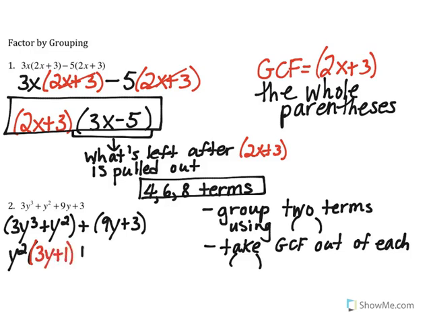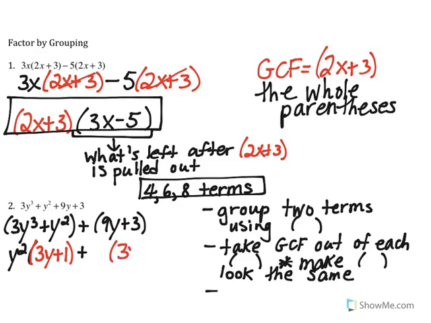And then the goal is to get the same parentheses. So you want to make the parentheses look the same. That might mean taking out a negative sign. In this case it doesn't, but sometimes it does. So we want to get our second parentheses to be 3y plus 1 when we take out a GCF. In this case, if we take out a positive 3, you will get that result.